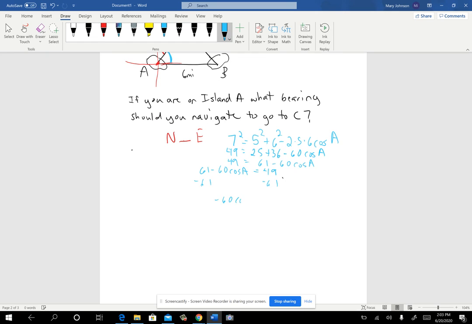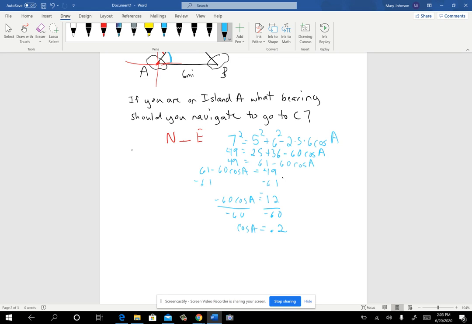So we get negative 60 cosine A equals negative 12. When we divide by the negative 60, we're going to have a positive number at that point. We'll have cosine A equals 12 divided by 60. That's going to be 1/5, so that'll be 0.2.